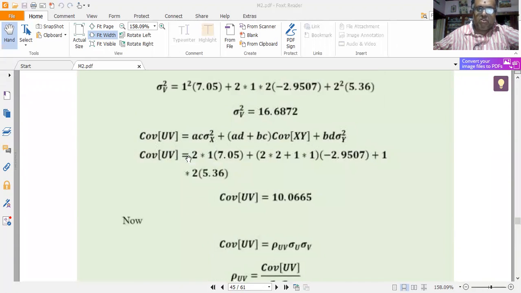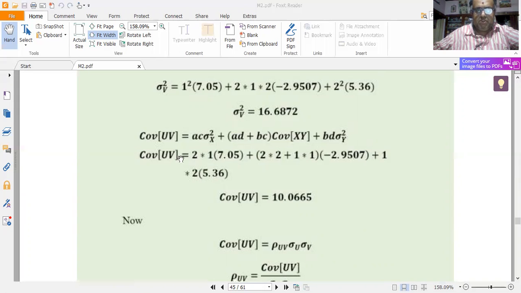Now find the covariance of uv, because the correlation coefficient of u and v depends upon the covariance of u and v. That is given by ac sigma x squared plus ad plus bc into covariance of xy plus bd into sigma y squared. Now substitute the corresponding values.